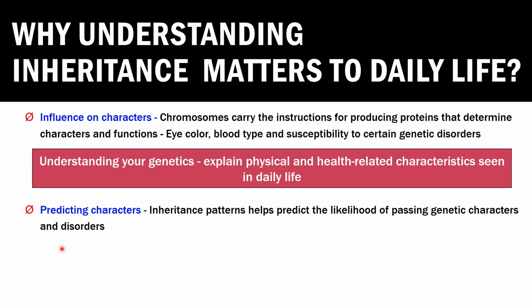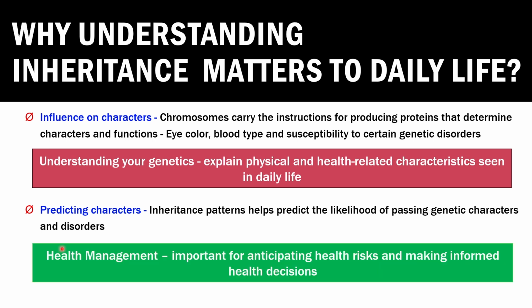The second one, we can predict characters. Inheritance patterns tell you which characters you will get from mother or from father. And similarly, it will predict the disorders as well. So it is important for health management because we can anticipate what risks there are and make informed decisions based on that.